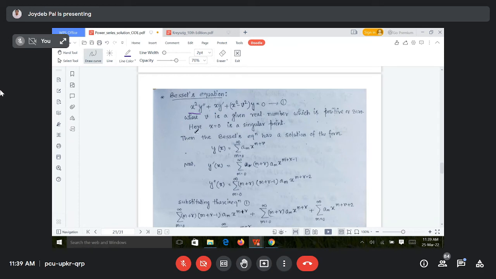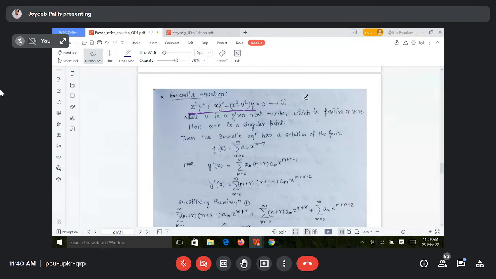Now, for that ODE, it is easy to verify that x is equal to 0 is a regular singular point. Is not it?